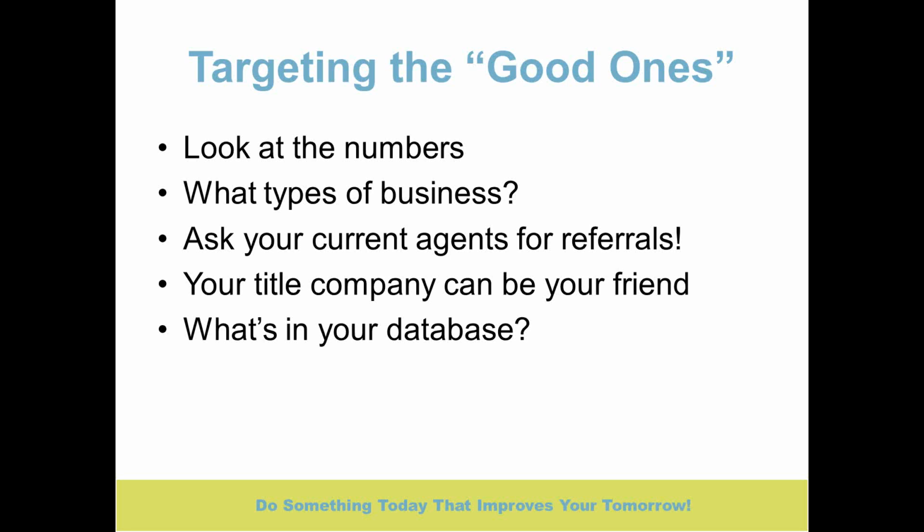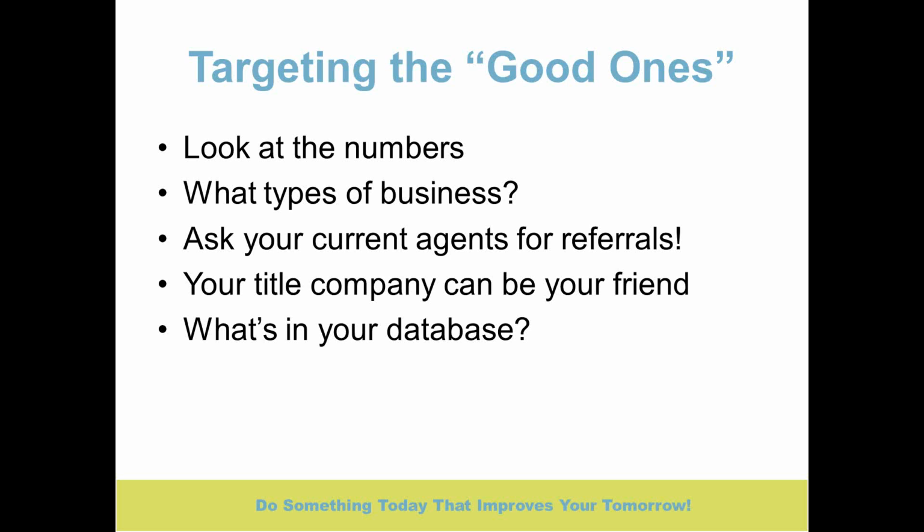Also, your title company can be your friend. Your title company is involved in a lot of things, and they often sit and preside when a closing doesn't go so well, when people are upset. Well, that's a heck of an opportunity.